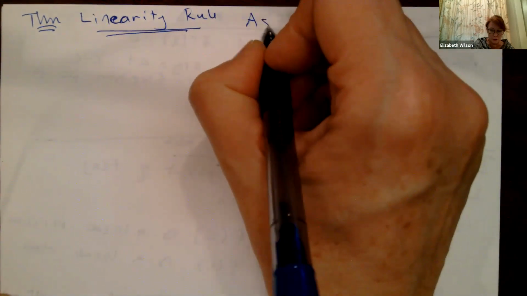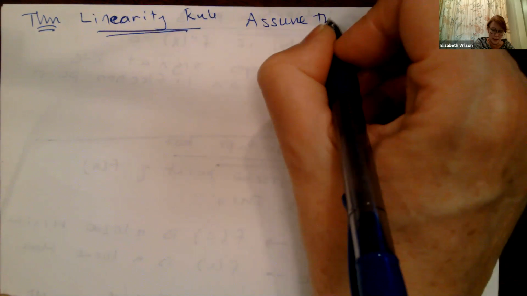So our next theorem is called a linearity rule. I kind of did this a little bit before when we were talking first about derivatives. So the first thing we're going to assume is that our functions f and g are differentiable.